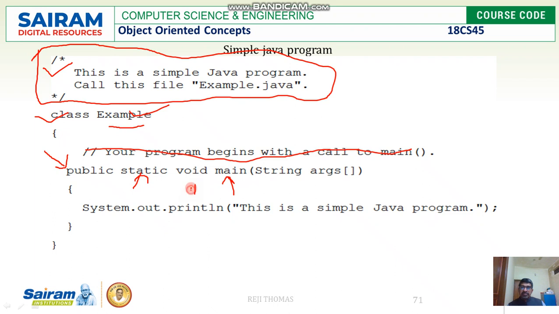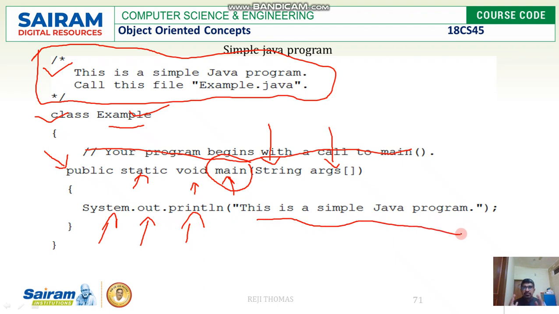Void indicates that it will not return any value. Normally every function returns certain values, and this function called main does not return any value. In brackets you can find String, which is a class, and args, which is an array. The next statement is your print statement. System is a class, out is an object, println is something like your printf statement, and whatever you give inside the braces is going to be printed as it is.